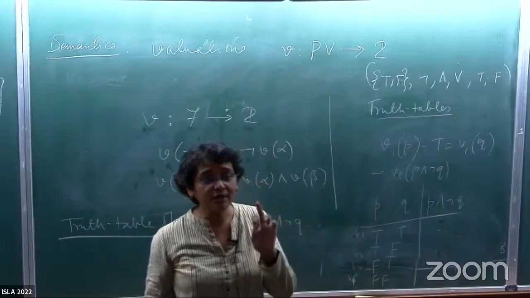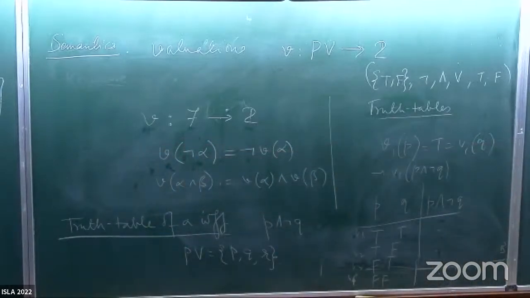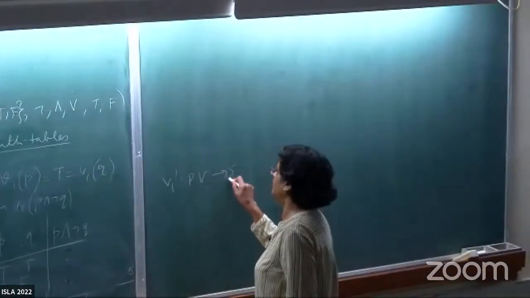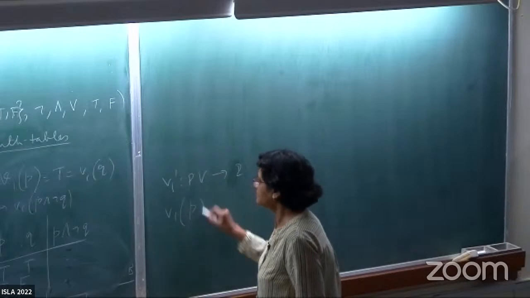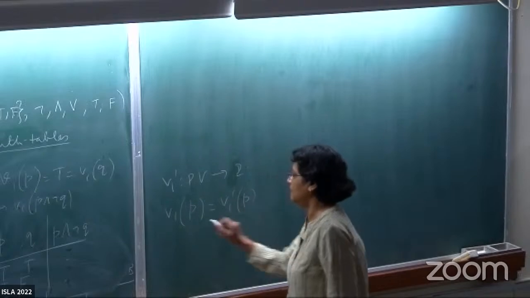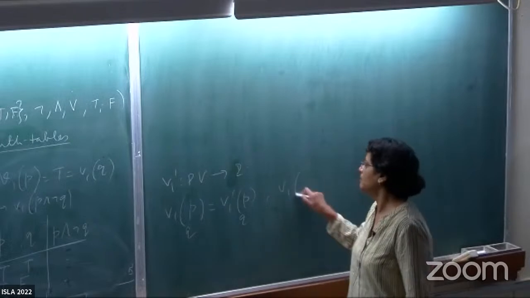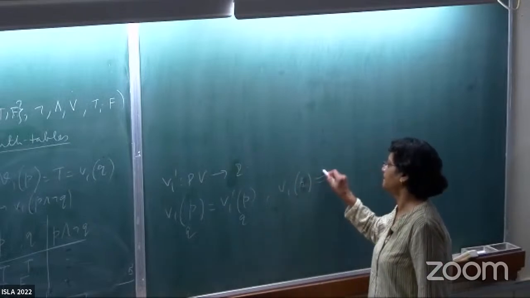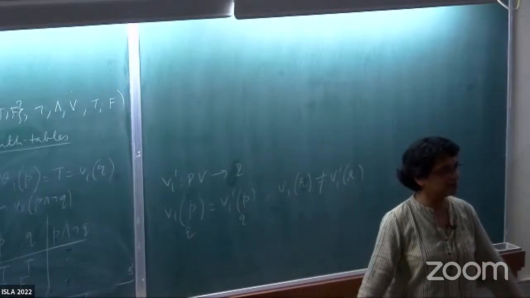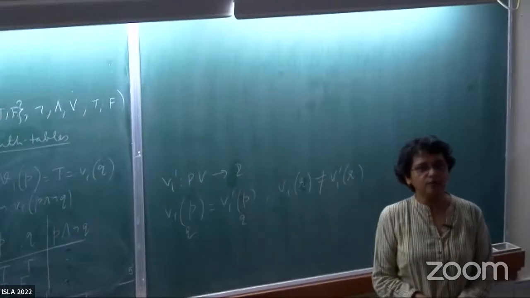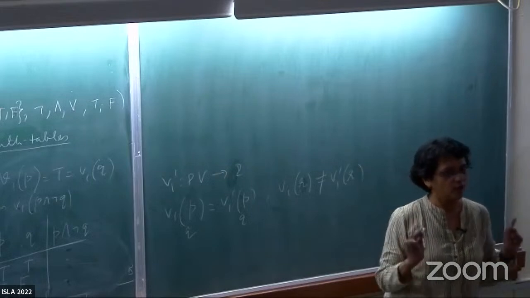So in other words, I am not caring about a valuation, let's say, call it V1 prime, which goes from this to 2, but which matches V1 on P and Q. But for example, R is different for this. I don't care, as long as I am evaluating that formula which has just the variables P and Q. So that actually is a result. What is that result?